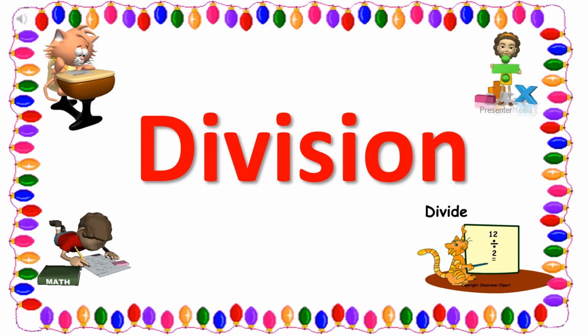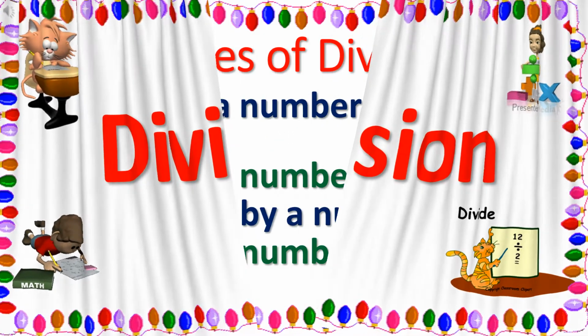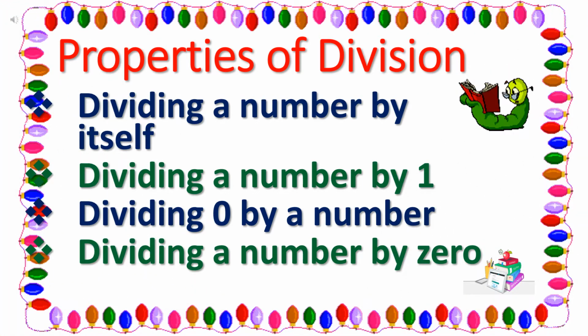These days, we are doing the chapter division. And yesterday, we had learned properties of division, in which we learned dividing a number by itself, dividing a number by 1, dividing 0 by a number, dividing a number by 0.